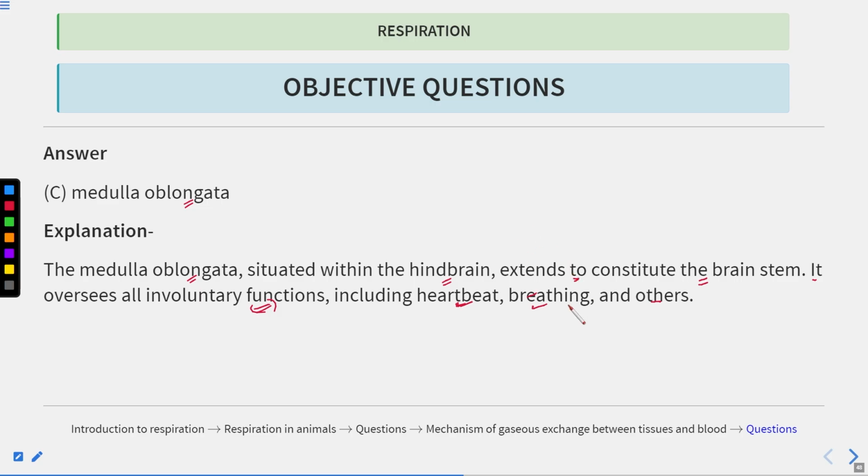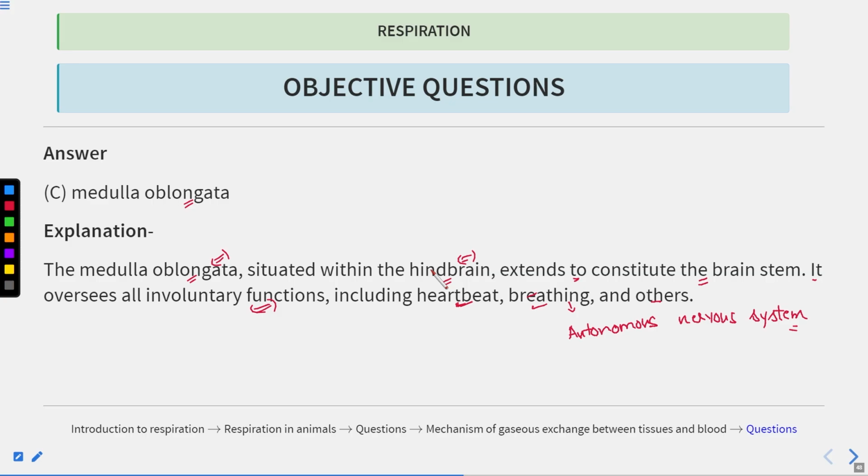So, these types of involuntary actions are controlled by the autonomous nervous system. Clear? And this medulla oblongata, which is present in the hindbrain, regulates the breathing.